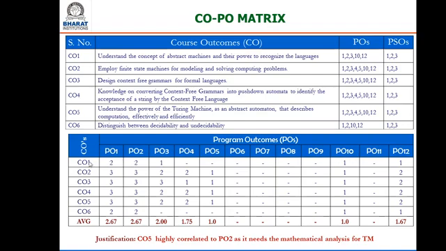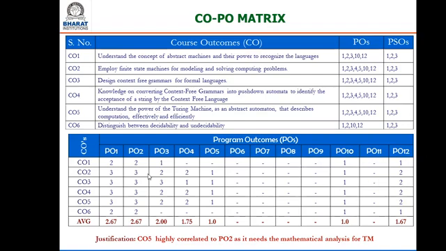Then whatever the POs mapped, what is the level of mapping? So here CO1, PO1 is moderately related, so the level is 2. PO2 is also moderately related, so its level is 2. PO3 is slightly related, so its level is 1.